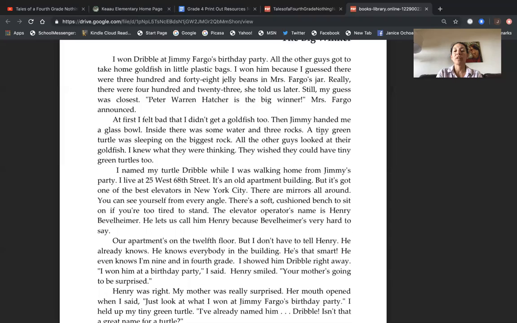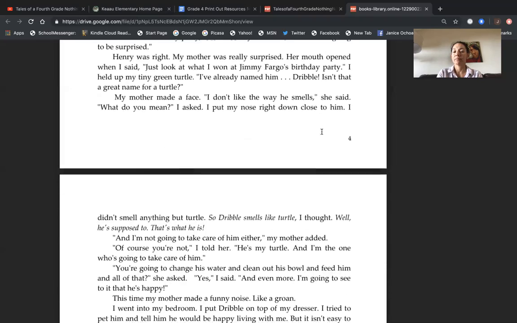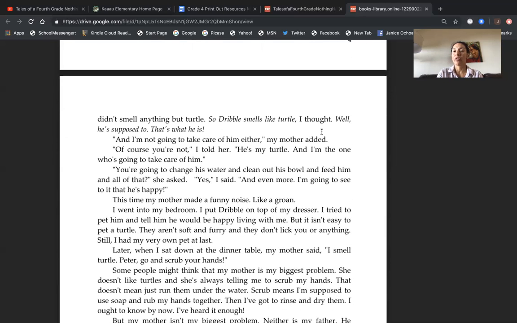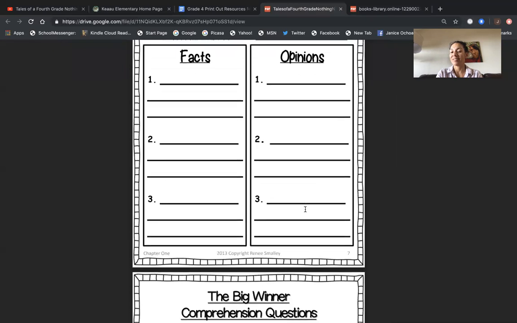So where would you find an opinion in the book? And once you find the opinion, you can write it here on the line next to the fact. Okay, so find 3 facts and 3 opinions in chapter 1.